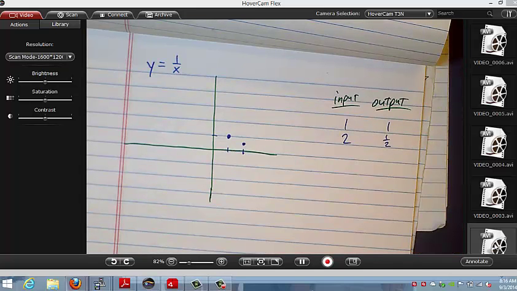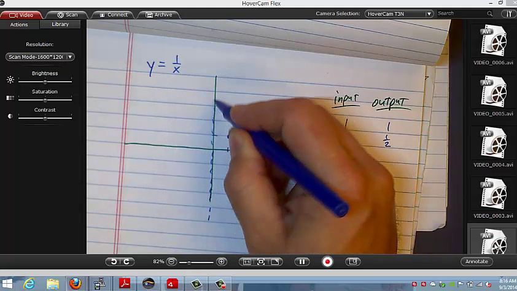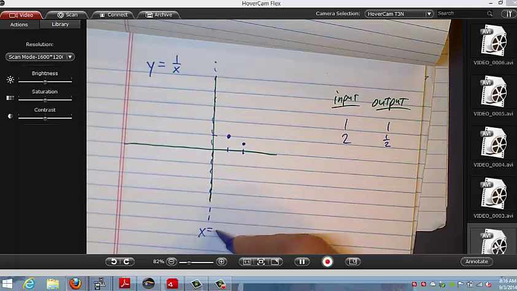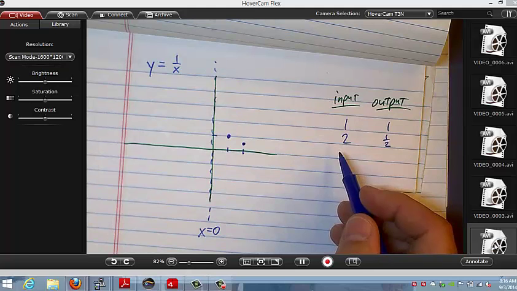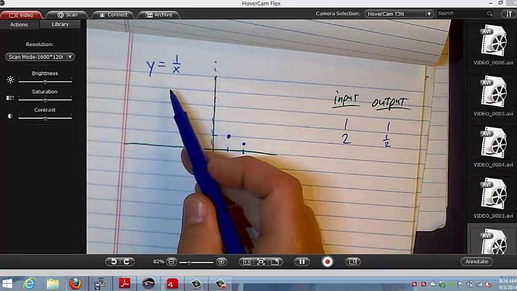But what you guys told me is that you're going to have a vertical asymptote at x equals 0. And maybe to see that, you have to put in inputs that are closer to 0. Like what? I can't put in 0, right? 0 is not in the domain. 0.001.